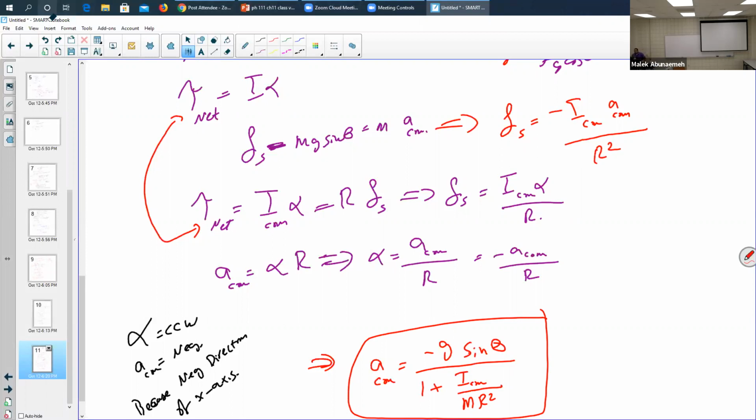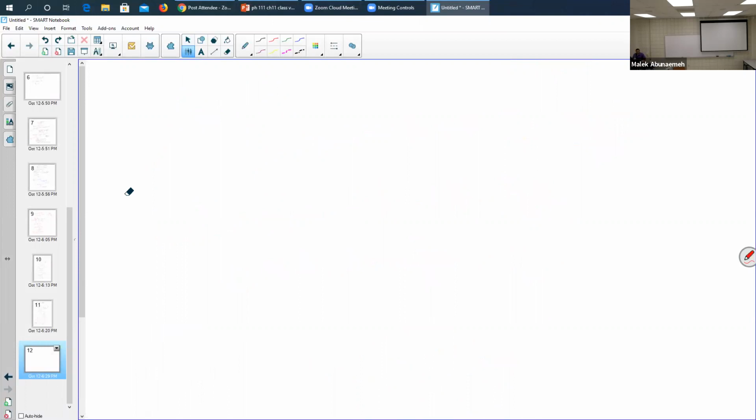Now, when we talk about torque, we're talking about force multiplied by distance, which in most cases would be r for the radius, right?